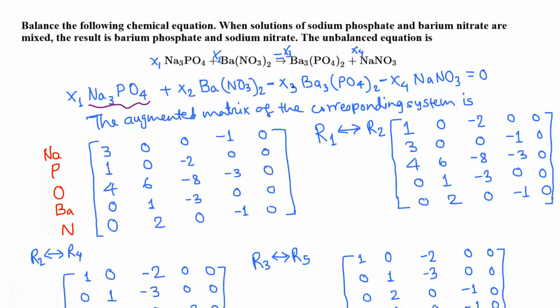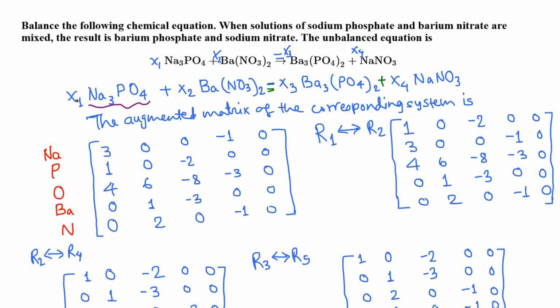So come back here. Here I want to write this balanced equation in this way. So we know x1, x2, x3, x4. If I move to the right side, I'm going to get an equality sign here, and this will be positive. In fact, there is no equal when we move, then this will be plus.